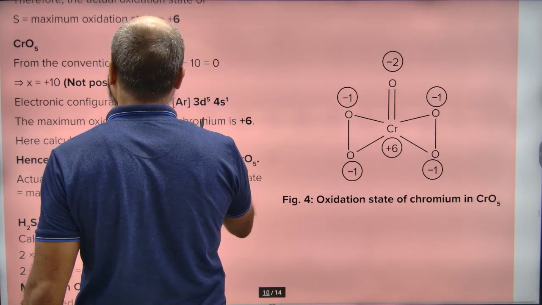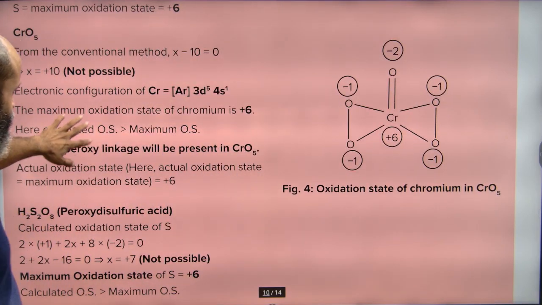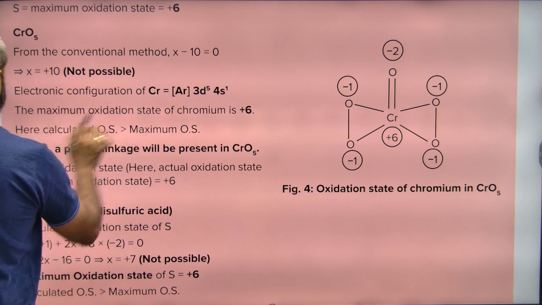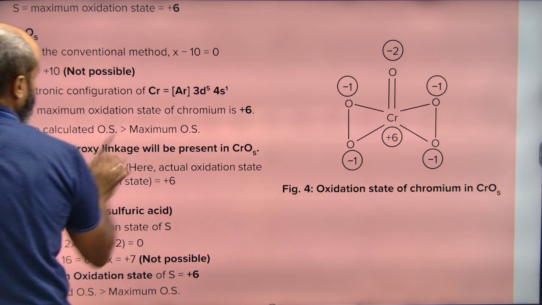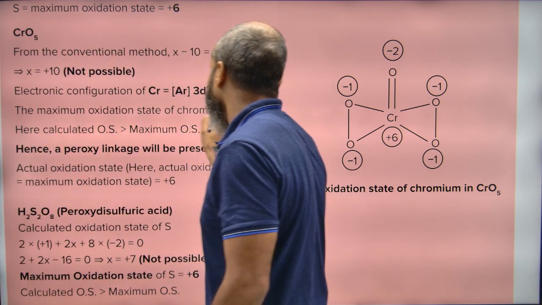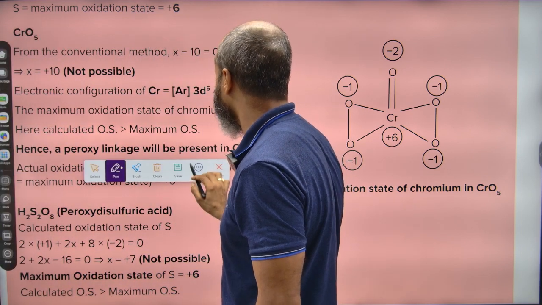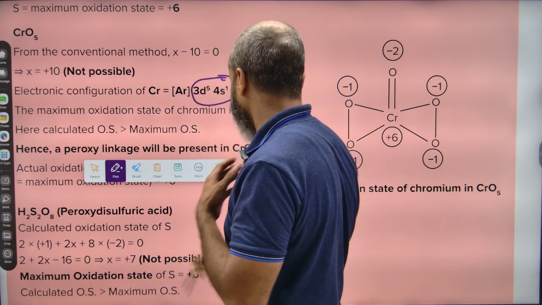Let's look at CrO5. We know that the electronic configuration of chromium is argon 3d5 4s1. So how many electrons do we have in the outermost orbit? We have 6.